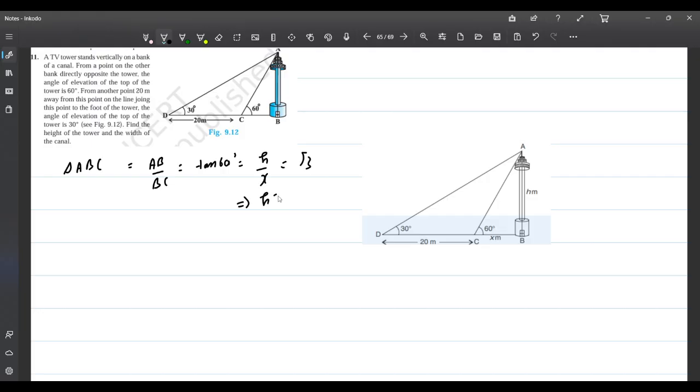So h is equal to root 3 x. This is equation 1.